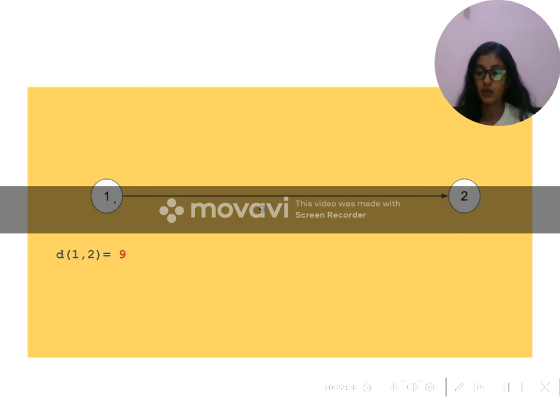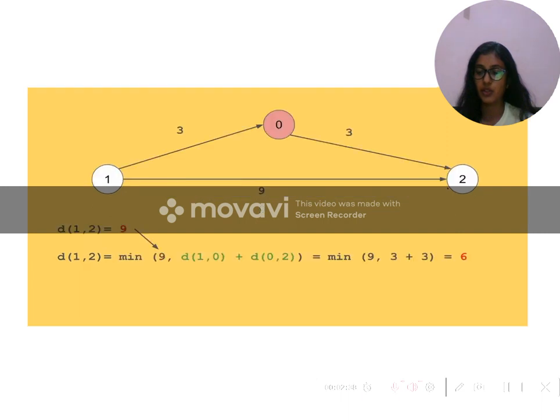Now if I tell you there is one intermediate node that you can use, basically you can go from 1 to 0 and then from 0 to 2, rather than going directly.